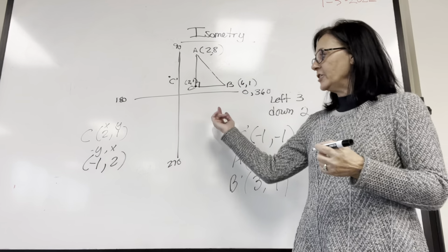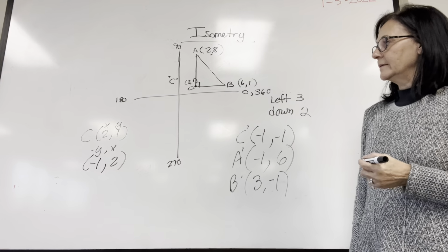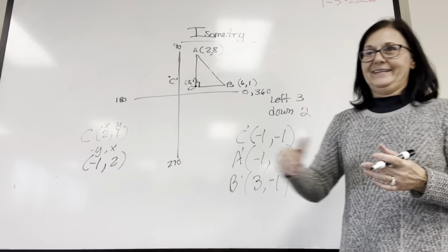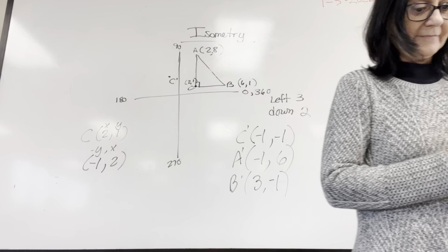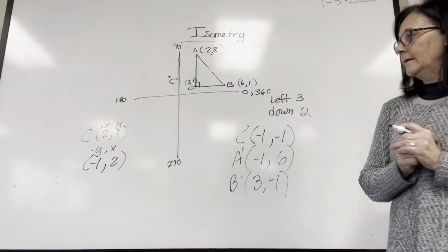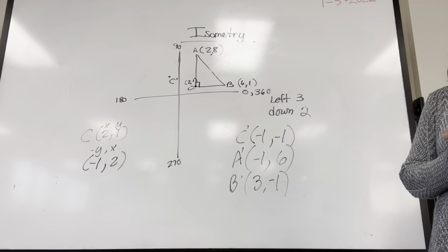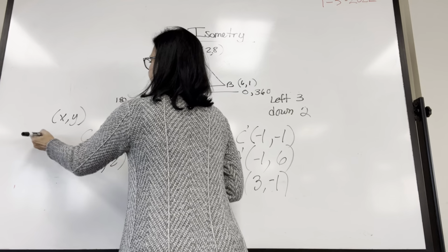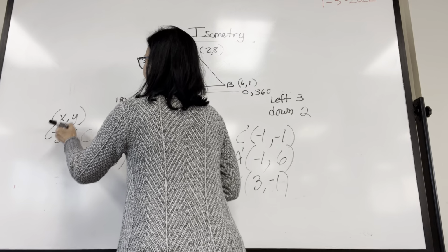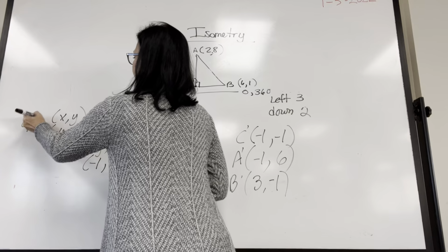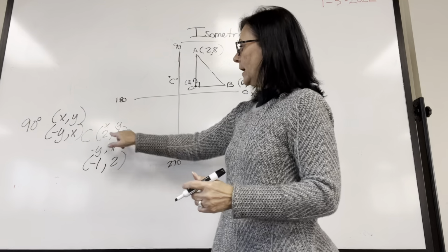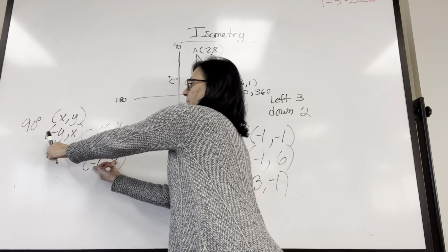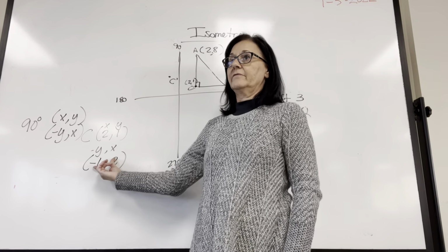You swap them and you negate the new X coordinate, which is the old Y coordinate. Does everybody see that? So X, Y becomes negative Y, X for a 90 degree rotation. So the 2, 1, I swap them, becomes 1, 2, but this first one is a negative.